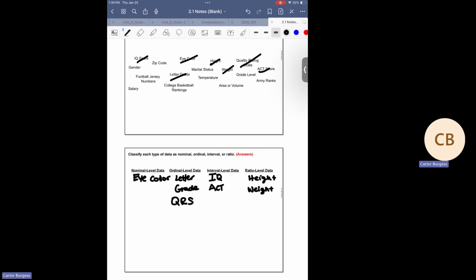And then temperature we said was interval. Yeah, very good. Okay, I think that's most of the ones that we had already covered. What would we have for gender? Definitely nominal. Very good.